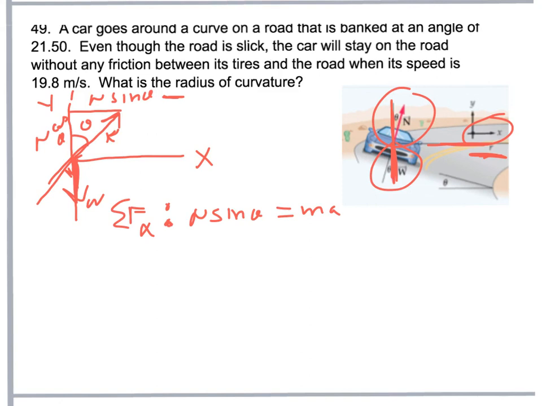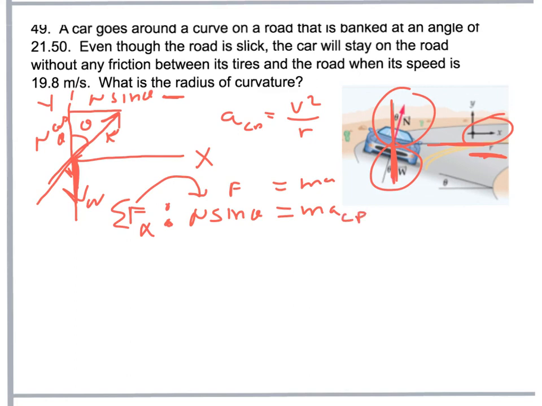That just indicates that our F sub x is the summation of all of our forces, and we only had one force in the x direction. So we put our force here, and we set it to ma based on Newton's law. And then we know that a sub cp equals v squared over r. So that's where the r comes in.